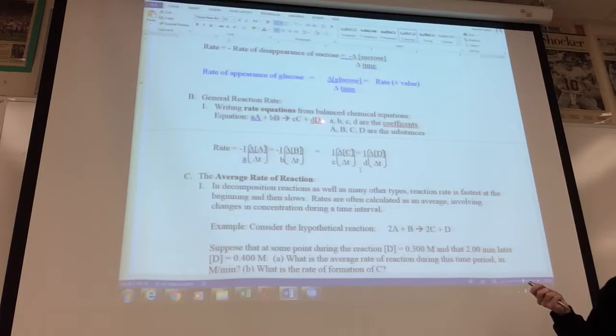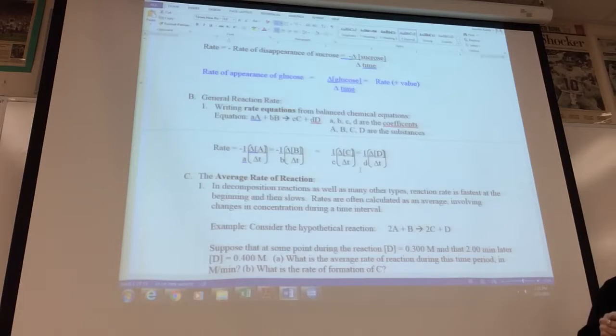Uppercase letters represent reactants and products, respectively. When you write a rate equation, you can set reactants equal to one another, you can set products equal to one another, you can set reactant and product equal to one another. There's a lot of ways you can do it.